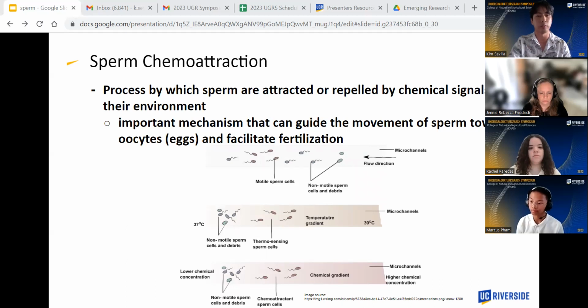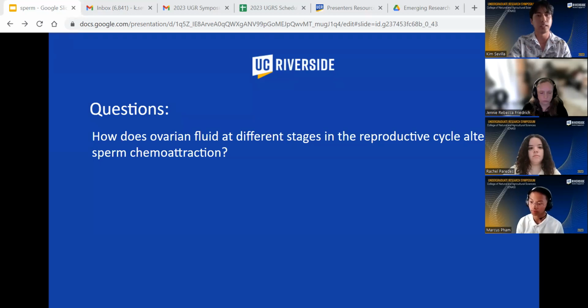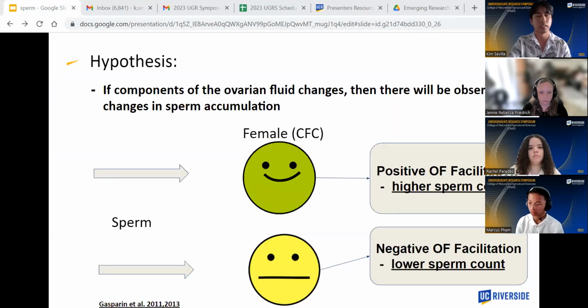Knowing that information and the information from the previous slides, I ask a question: how does ovarian fluid at different stages in the reproductive cycle alter sperm chemoattraction? My hypothesis is if components of the ovarian fluid change, there will be observable changes in sperm accumulation.